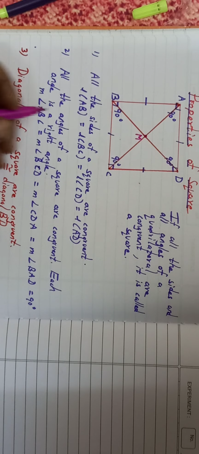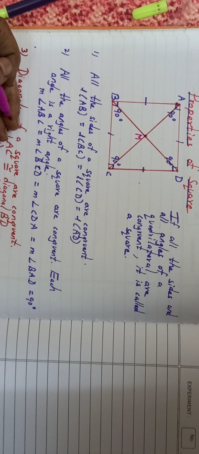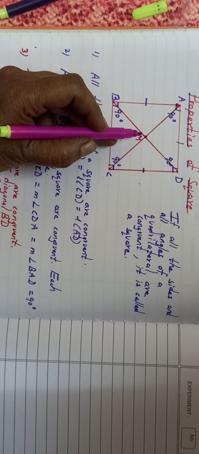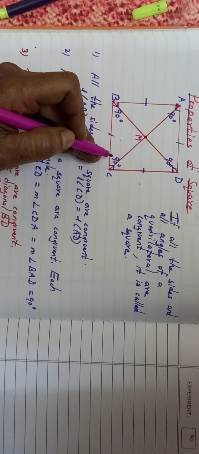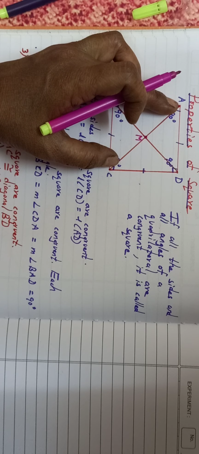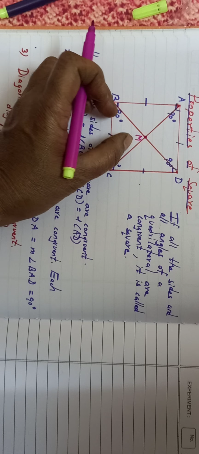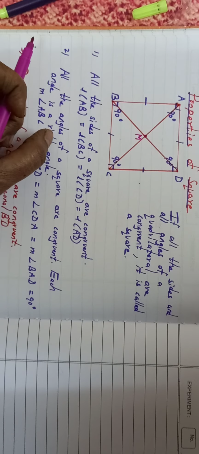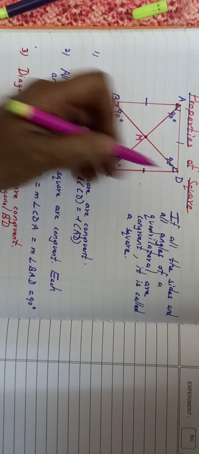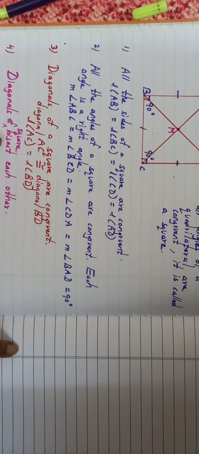And these two diagonals are congruent to each other. So length of AM is equal to length of MC, each will be half of length of AC. Same way, length of BM is equal to length of MD, they both will be half of BD. But AC is congruent to BD. That's what we have discussed: diagonals of a square are congruent.